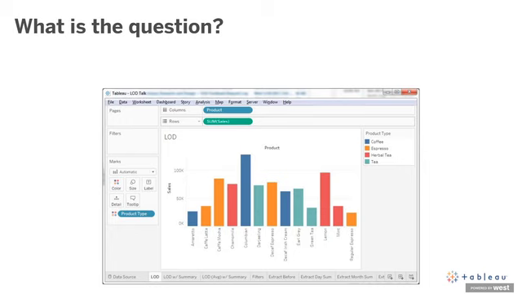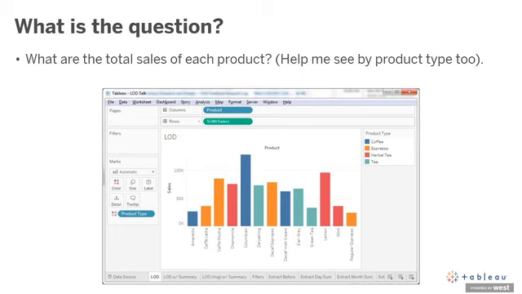And so, you can see here that I have product on the horizontal axis, and I have the sum of sales on the vertical axis, and it's broken down also by color, so I can see the product type categories for each of these products. So clearly product is involved, sum of sales is involved, and really the question is relatively simple. What are the total sales of each product? And then help me see by product type too. That's where the color comes in.